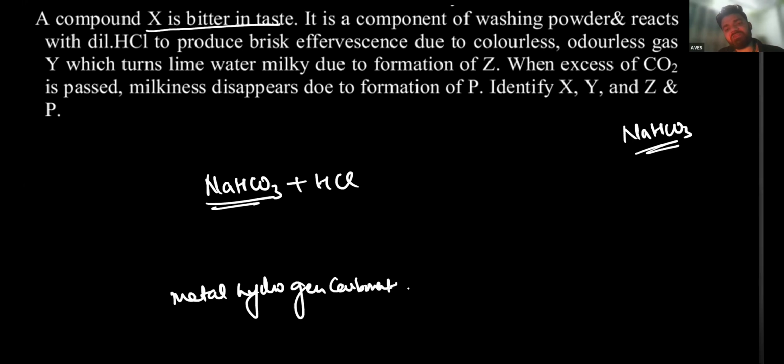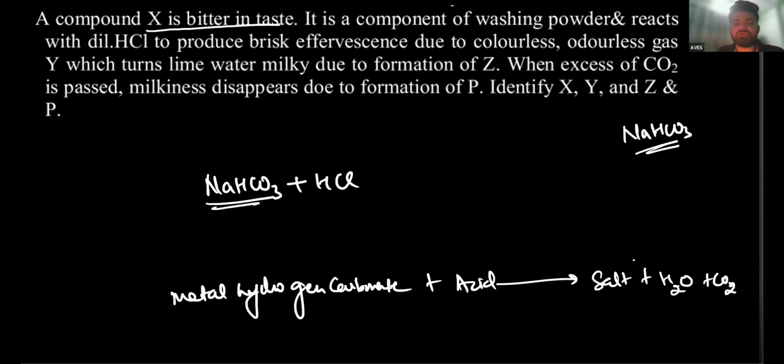When it reacts with acids, what does it give you? Salt plus H2O plus CO2. Which salt will be given here? Sodium chloride, NaCl. So it will give you sodium chloride plus water plus carbon dioxide.